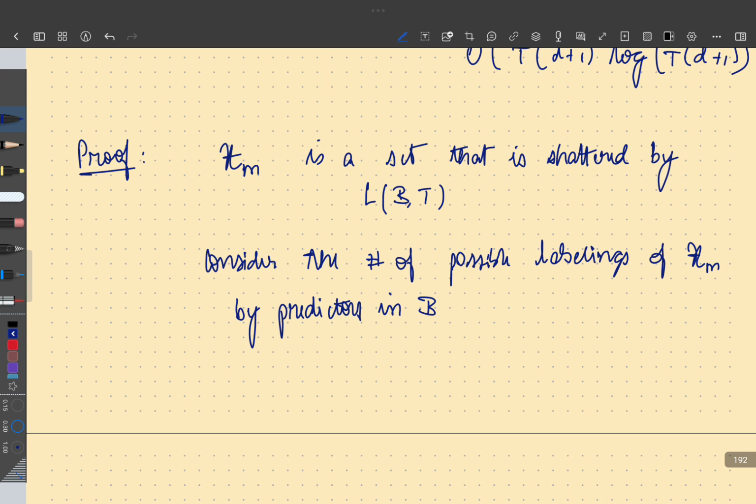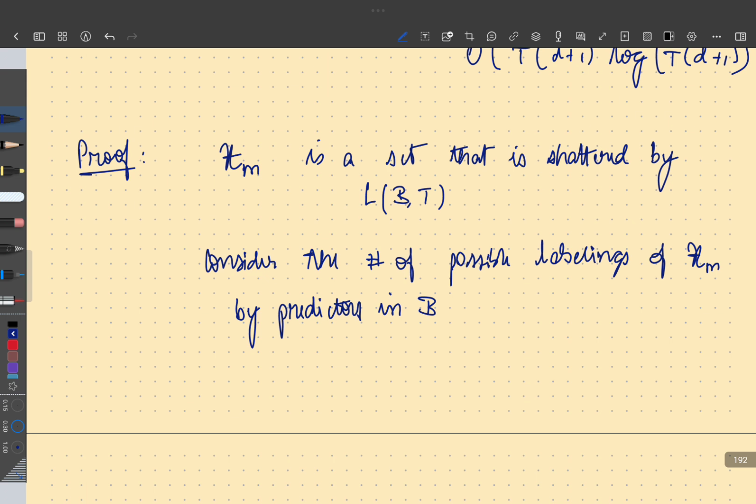Note that the VC dimension of L could be much larger than the VC dimension of B, and m therefore could be much larger than the size of the largest set that is shattered by B.